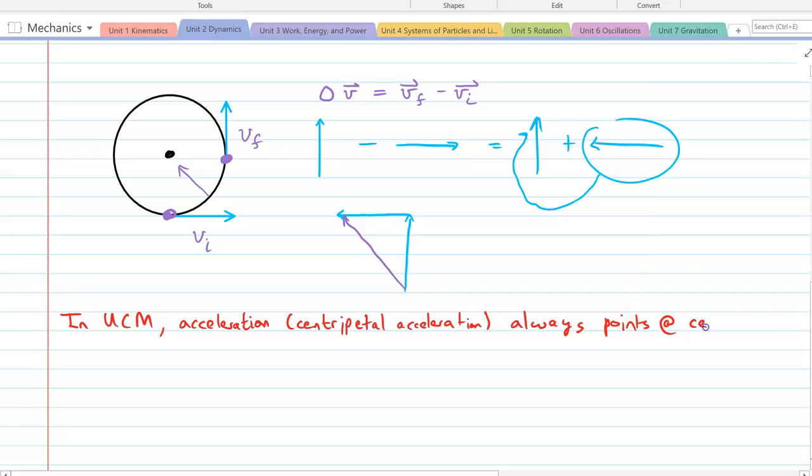And this is an important fact, but it only happens in UCM. So if the speed is constant, then acceleration will always point into the center. And basically what the acceleration does is it makes this velocity vector start curving, right? That's why it changes direction, because of this acceleration.